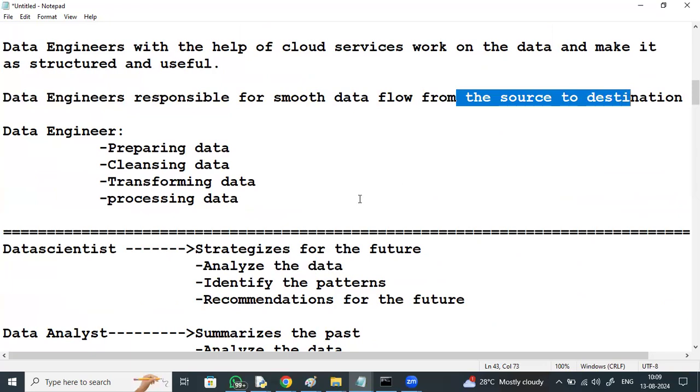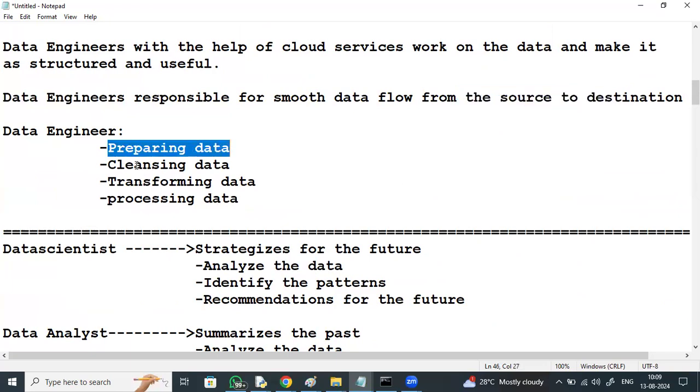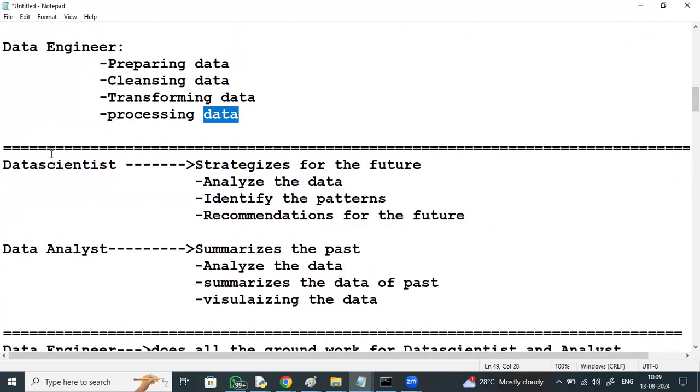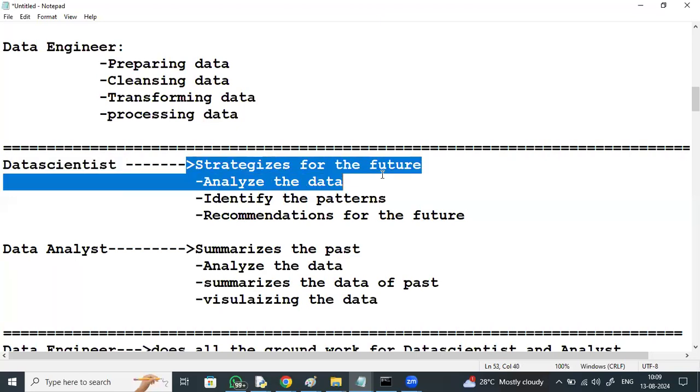So I was saying, right? Data engineer: preparing data, cleaning, filtering data, transforming data, and processing the data. Most people ask about the difference between data scientist, data analyst, and data engineer, right? The data scientist strategizes for the future.